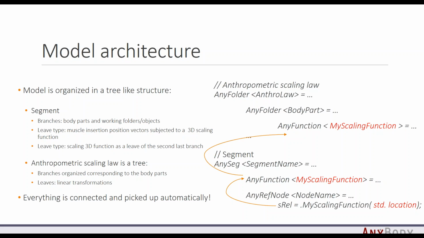So what you see at the bottom is that the scaling function that I found in the anthropometric scaling law, I used to apply it to a muscle attachment location, which is quite standard. That means that we simply deform the model. And you don't actually need to worry about any of that because it is all organized and connected automatically, so everything is being picked up automatically. This is all done inside of the model, so you don't even see that.